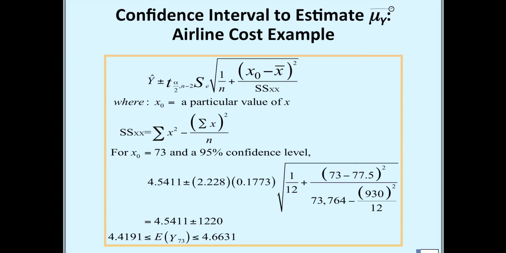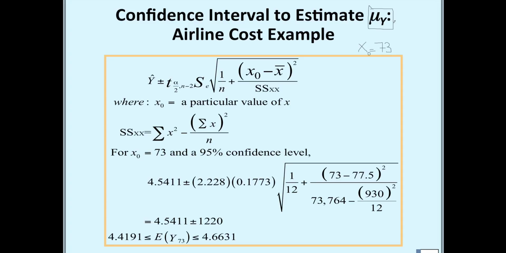The first case is when we want to estimate the mean of outcomes. So let me explain what we are trying to do. Let's say we want to build up a confidence interval for the mean cost of all flights that have 73 passengers.